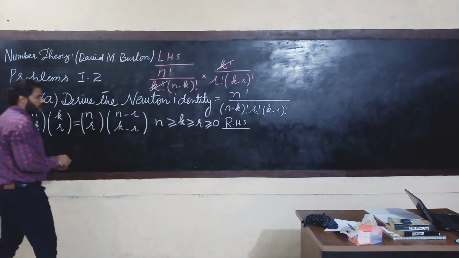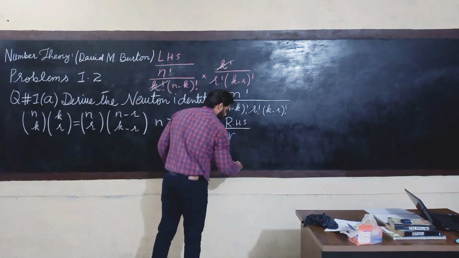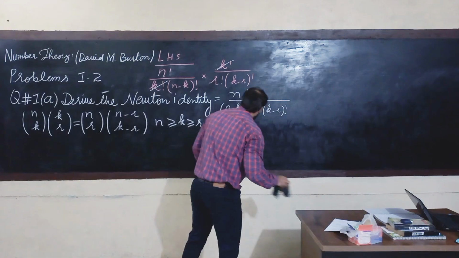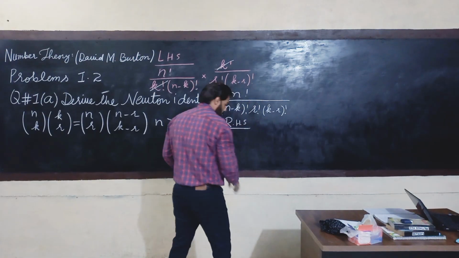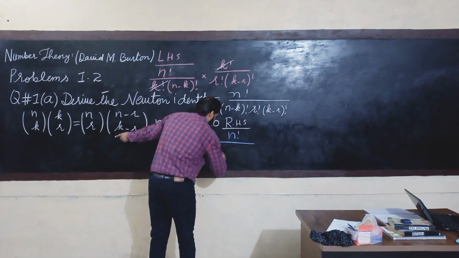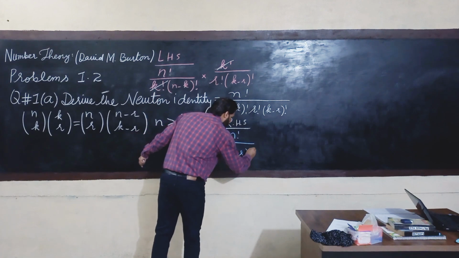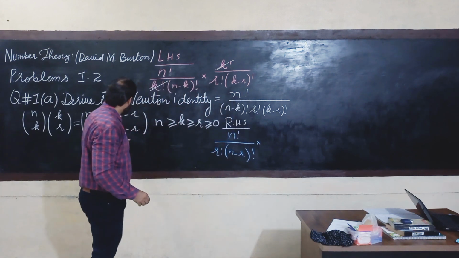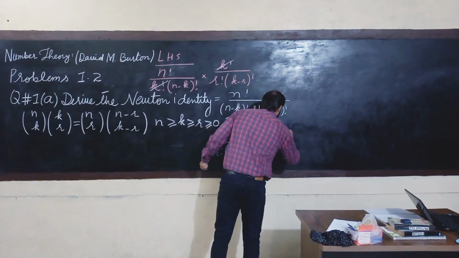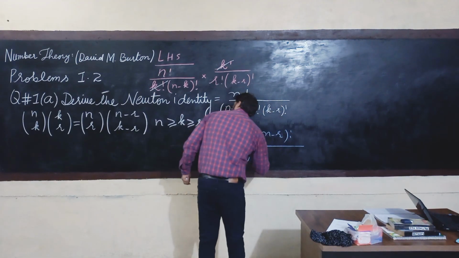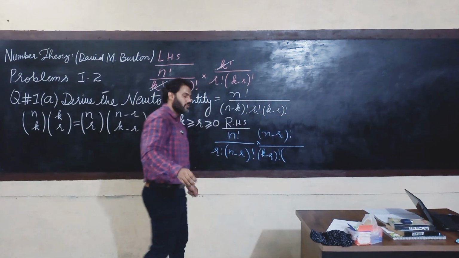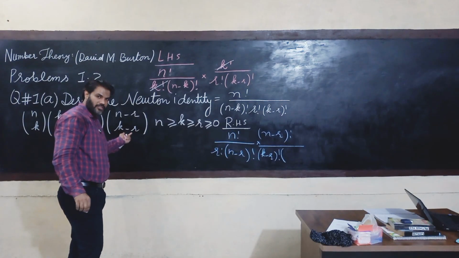This is equal to n factorial over r factorial into n minus r factorial, whereas the second term, that is n minus r choose k minus r, this is given by n minus r factorial over k minus r factorial into the difference of these two numbers, that is n minus r minus k plus r.